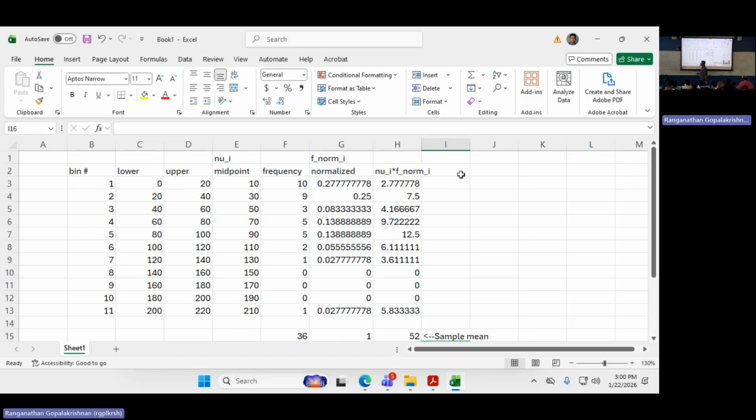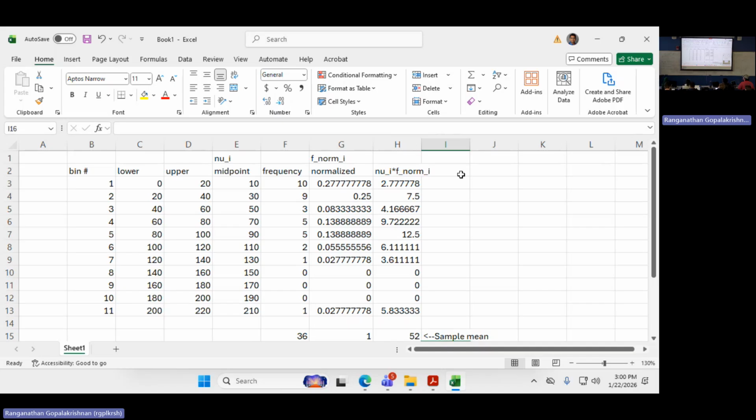Do we have one? So variance s squared is the sum from i equals 1 to k of f i normalized multiplied by nu i minus x sample mean, squared.